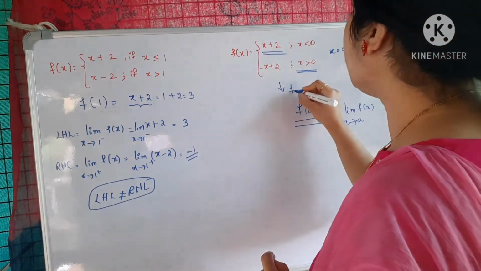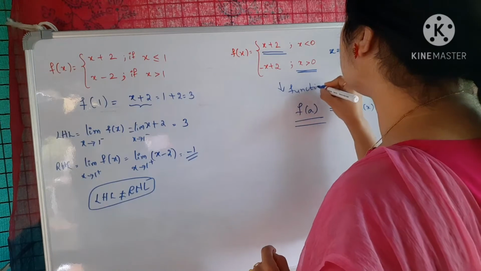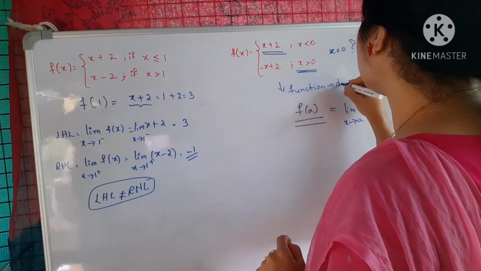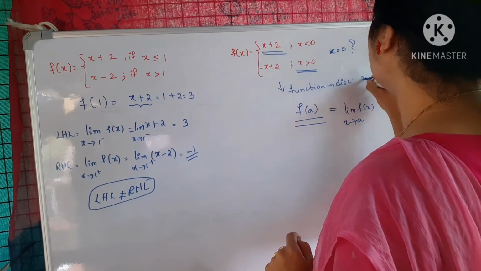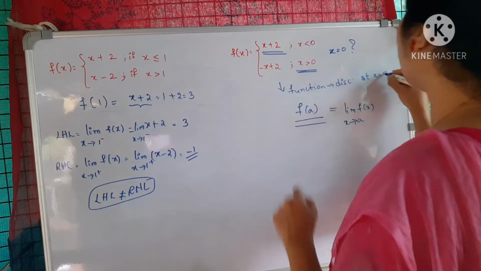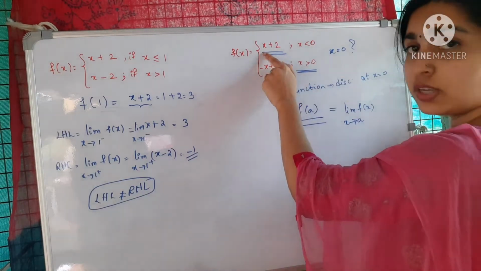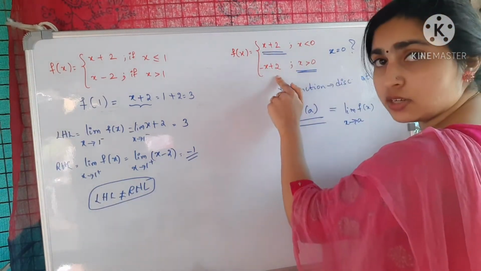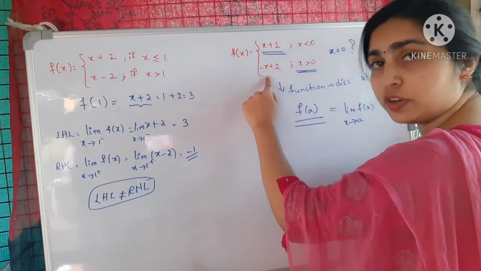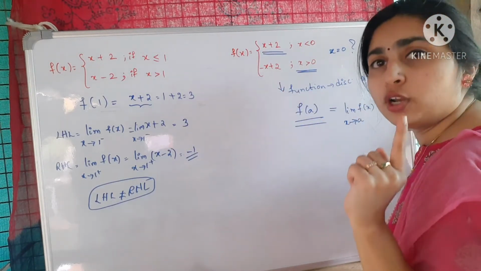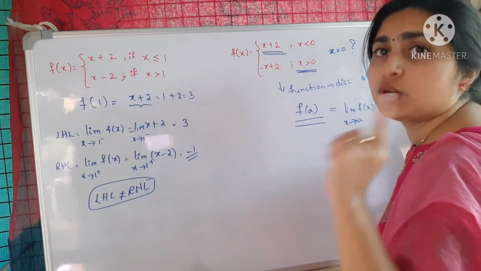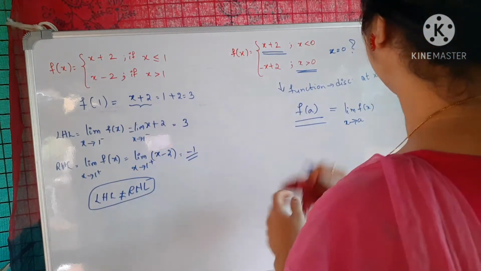The function becomes discontinuous at x is equal to 0. But for the interval x greater than 0, this is continuous, because these are polynomial functions, and you know that a polynomial function is a continuous function.